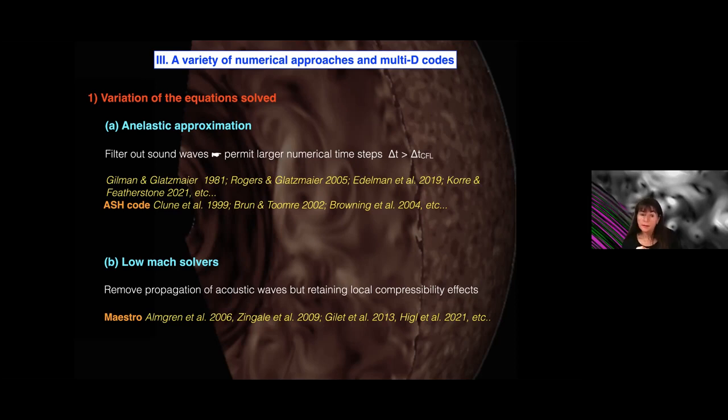Then you can decide as well to use what we call low Mach solvers, which remove the propagation of acoustic waves, but then you can retain in the equations some compressibility effects. And here you have the Maestro code, which is used for stellar hydro applications.